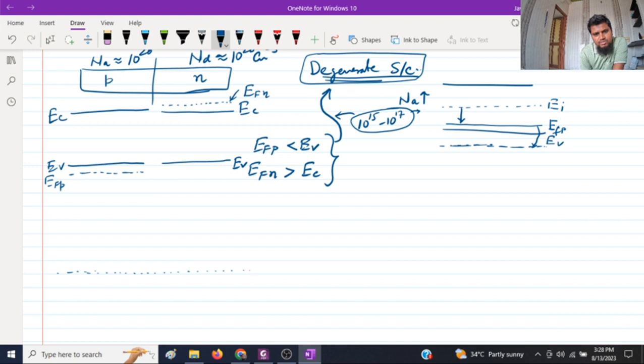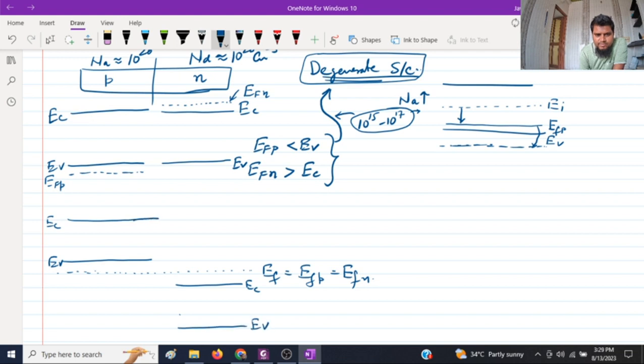With charge movements near the junction, EF equals EFP equals EFN, and the band diagram will look like this, with EV and EC on each side.